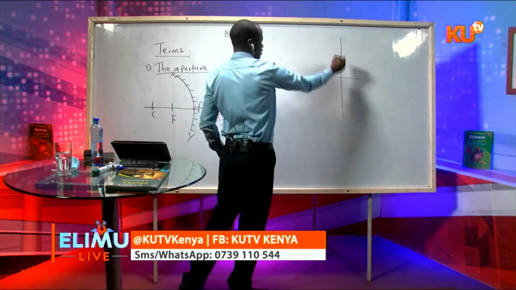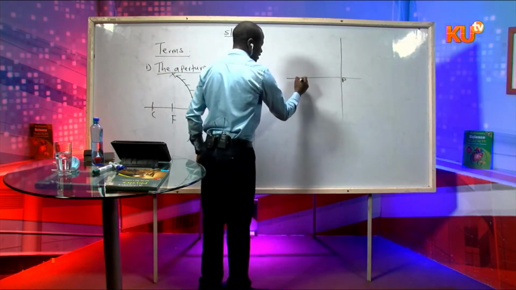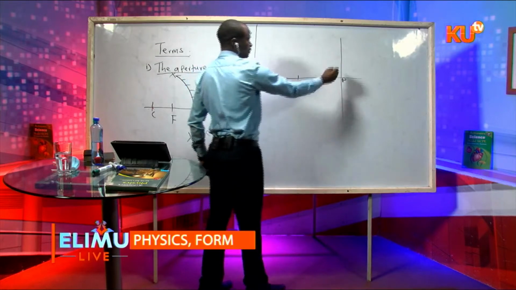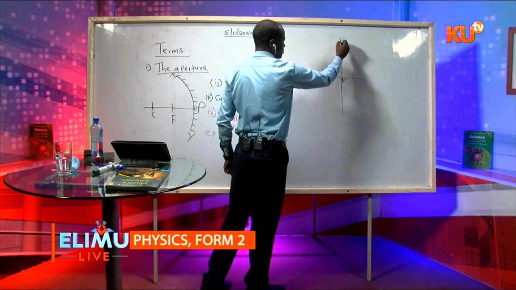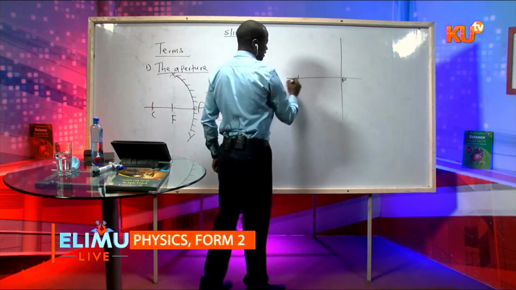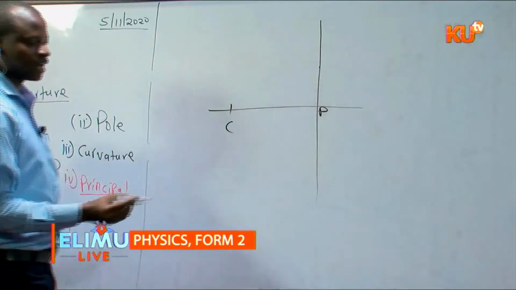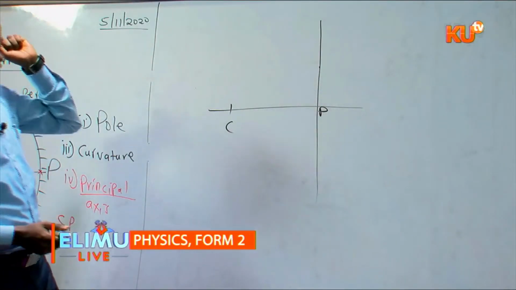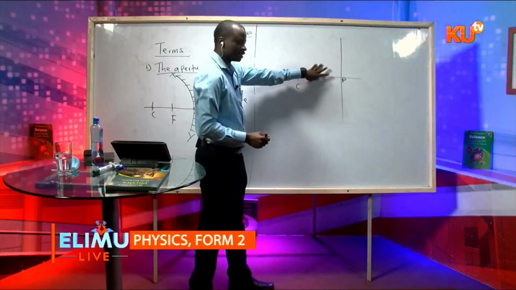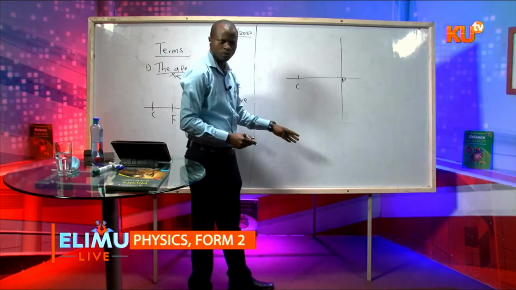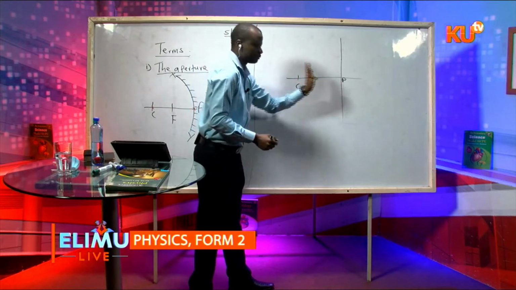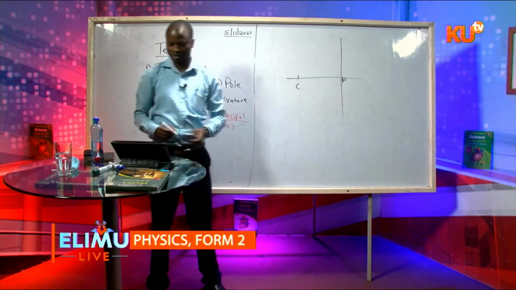The aperture. So we have the pole, we have our C, then we will draw the aperture. So this vertical line here represents the aperture. Then this CP is the principal axis. So when we'll be drawing ray diagrams, we will start drawing a mirror like this. We will not draw a whole mirror, so we need to just use some lines to represent our mirrors.